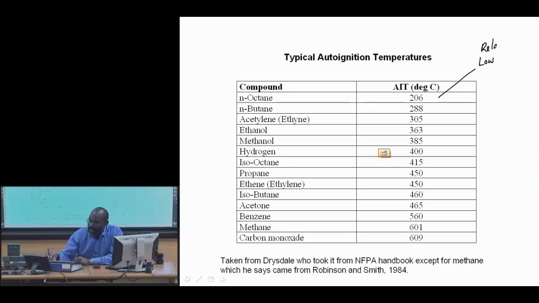Now, one of the things that autoignition temperatures might be important for, from a practical perspective, is some of the processes that happen in spark-ignited engines or in diesel engines. So the propensity to knock in an engine system, so engine knock, is an autoignition process.